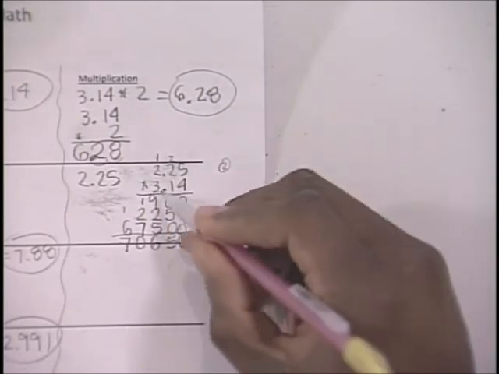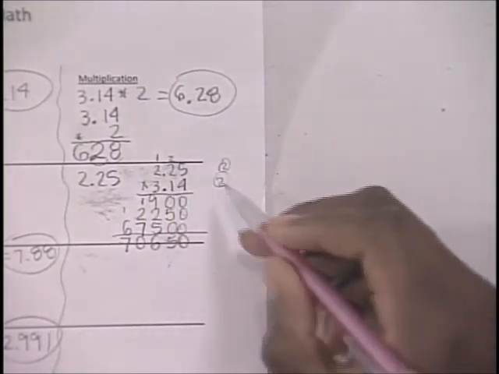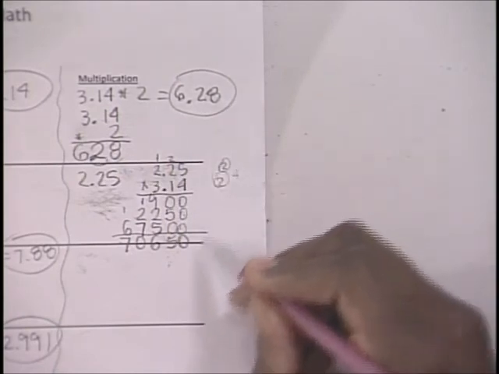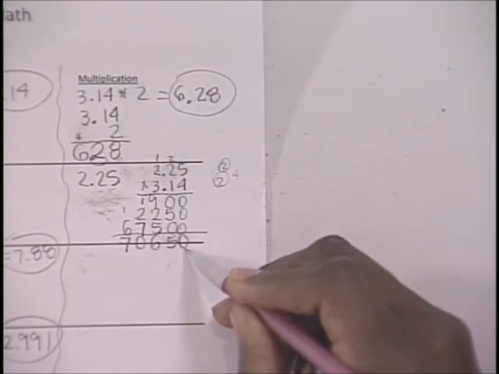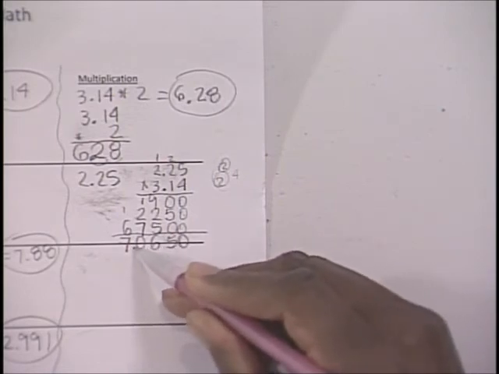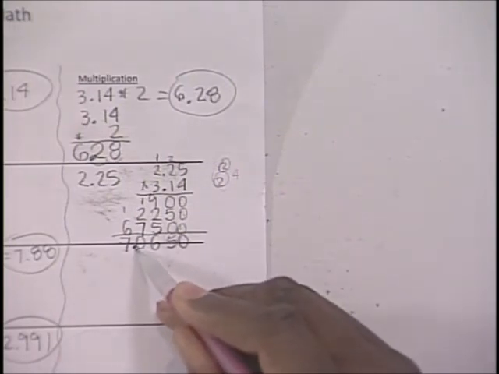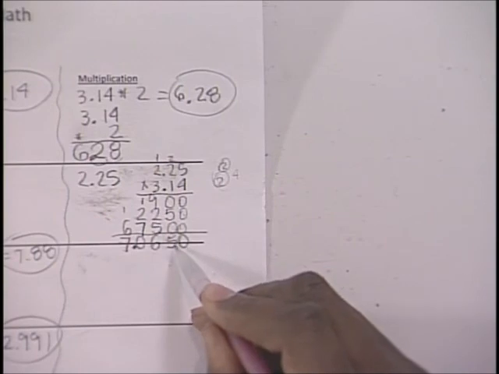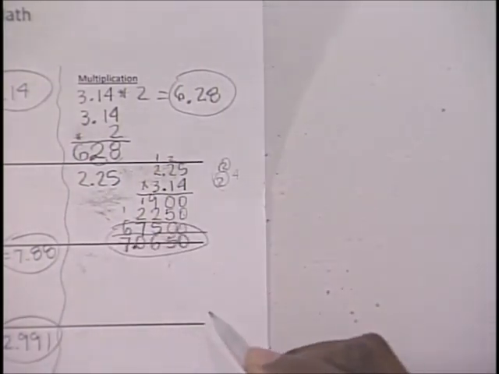The number of decimal places in 3.14 is 2. You add those up to get 4, and that's the total number of places, 1, 2, 3, 4, that you're going to count in your final answer. So the final answer is 7.065.